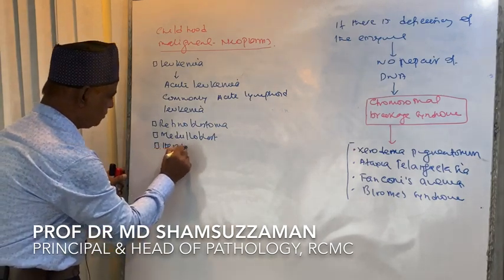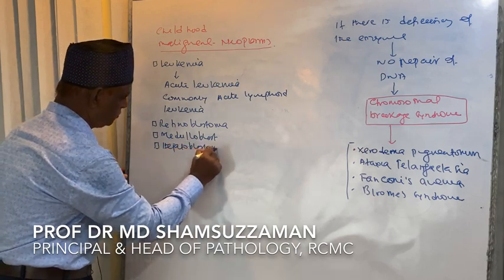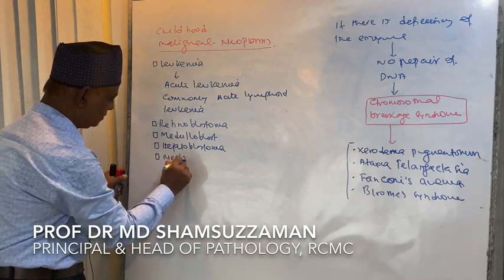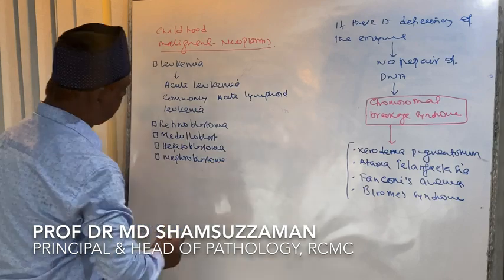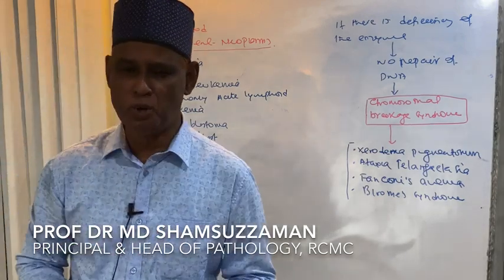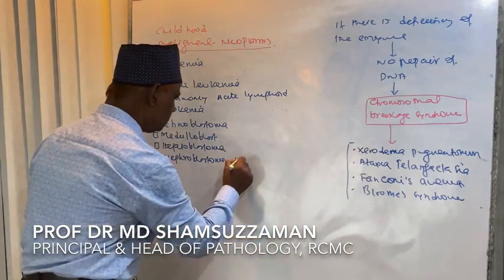Hepatoblastoma. Nephroblastoma. Nephroblastoma occurs in kidney. It is known as Wilms tumor according to name of scientist. It is called Wilms tumor.